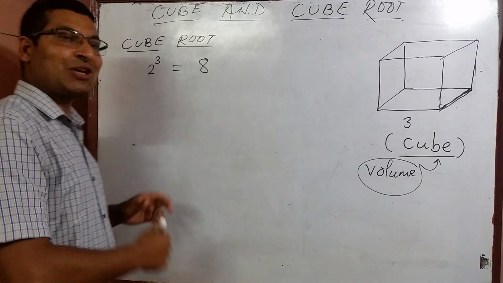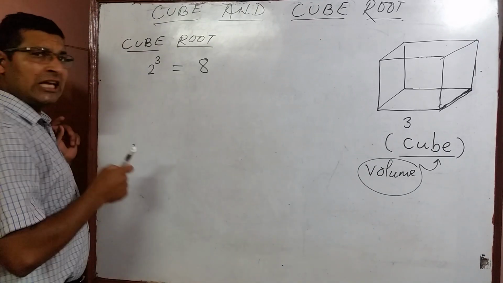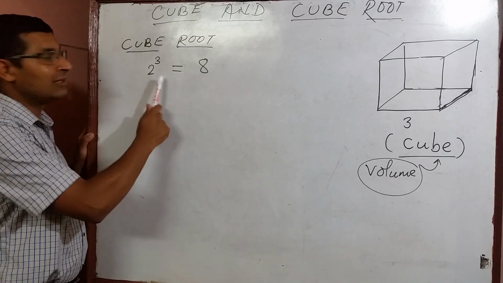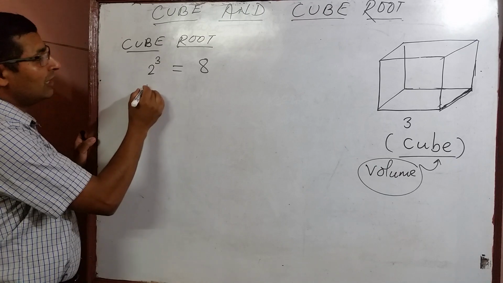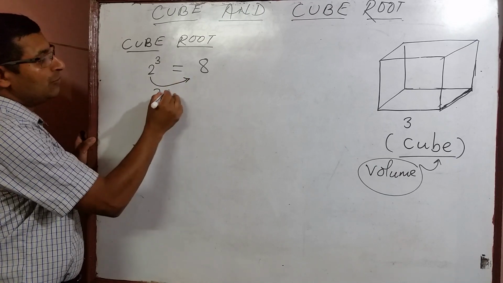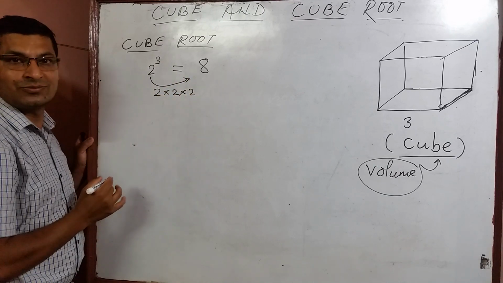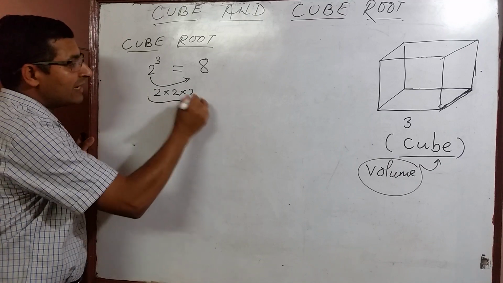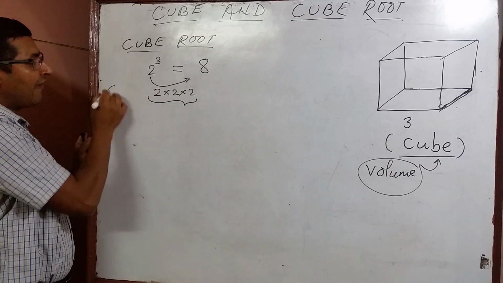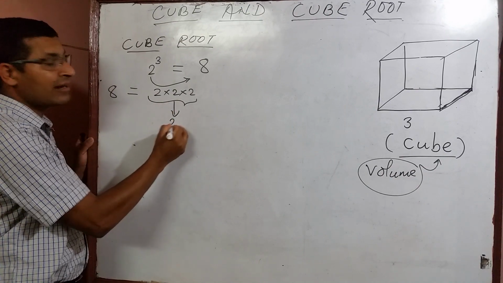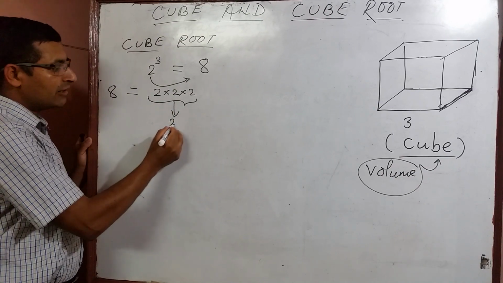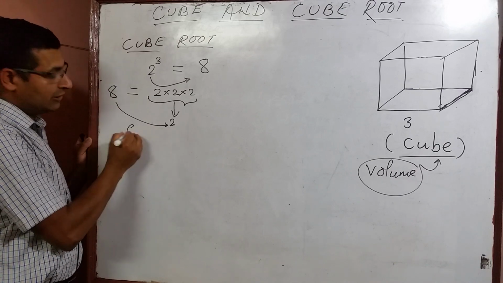Now let's discuss about the cube root. If the cube of 2 is 2 cube equal to 8, it means 2 multiply 2 multiply 2. Then if we take out the factors of 8, if we take one of the identical factor, that identical factor is called cube root.